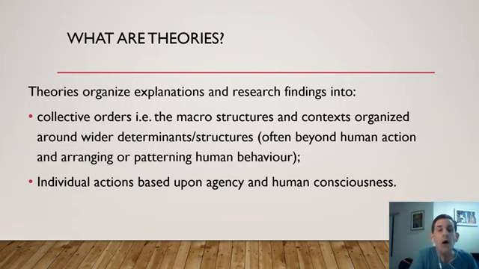So, for example, Marxism is often more concerned with macro structures and how the structures of society influence our behaviour, whereas something like symbolic interactionism or social constructionism is more concerned with human agency and how humans negotiate and create society.